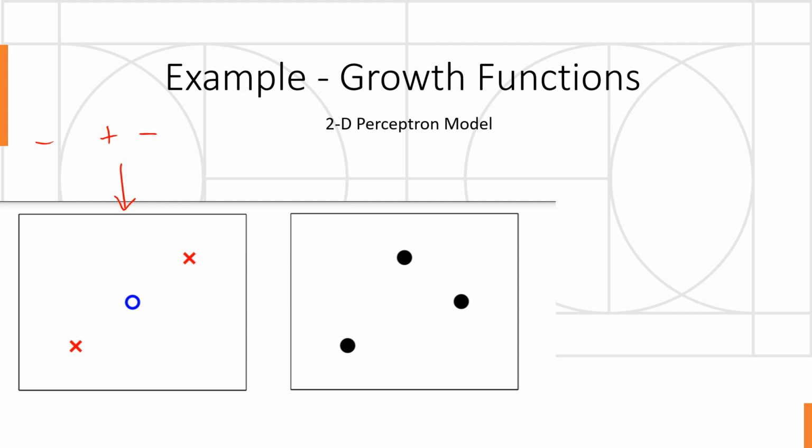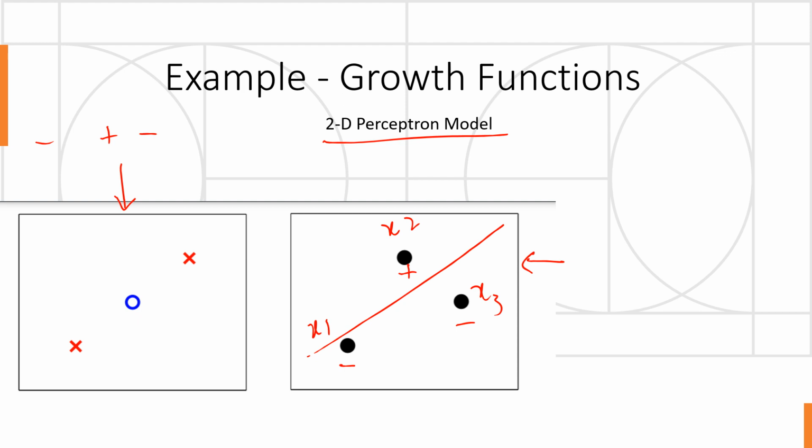Now, shown on the right-hand side are 3 more points. If we choose a different set of 3 points, as shown here, any dichotomy can be implemented by the 2D perceptron model. If the data looked something like this, let's say this was my x1, this is my x2, and this is my x3, and I had negative, positive, negative, I can always implement a perceptron.